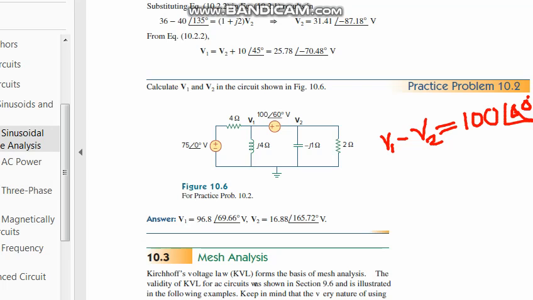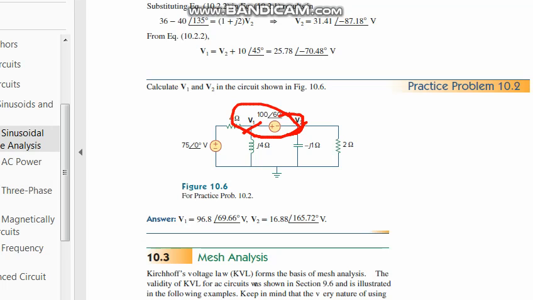That is equation number 1. After that, you have to remove this part and calculate. If you remove this part and make it a supernode, there will be an entering current and 3 outgoing currents. You can easily find these equations as in nodal analysis, applying Kirchhoff's current law in that branch.